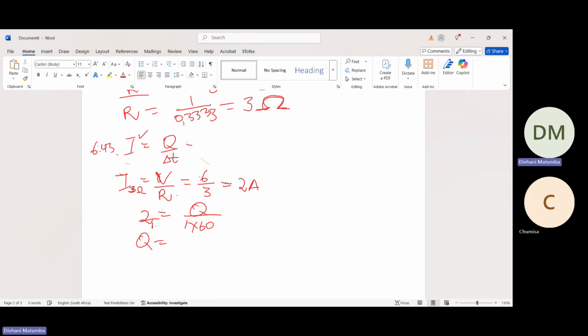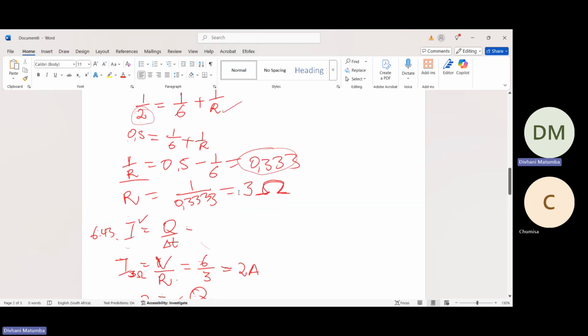Cross multiplication. So Q times 1 gave me Q, and 2 times 60 gave me 120. 120 coulombs.